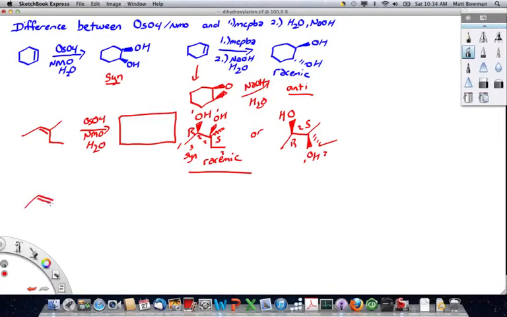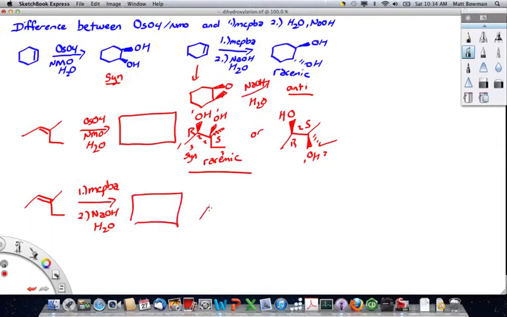If we take the same one and add mCPBA followed by base and water, predict the product.